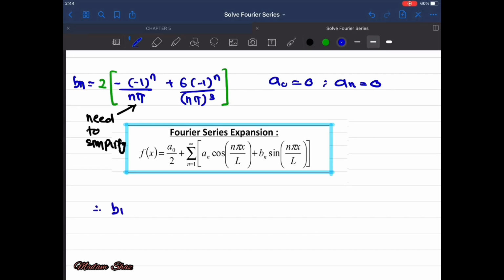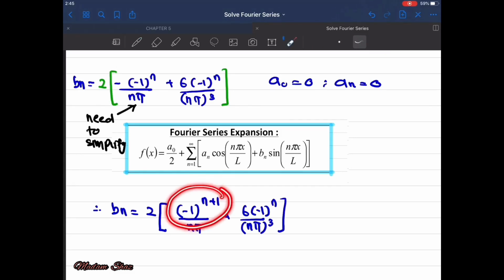So therefore our Bn is equal to 2 multiply negative 1 the power of n will become negative 1 n plus 1 divided with n pi plus 6 negative 1 the power of n divided with n pi the power of 3. So why this one become negative 1 n plus 1?